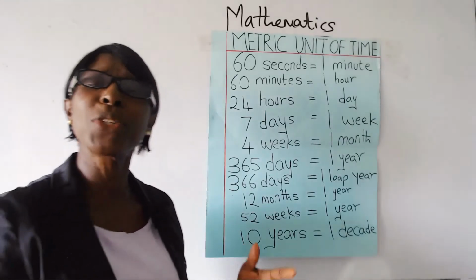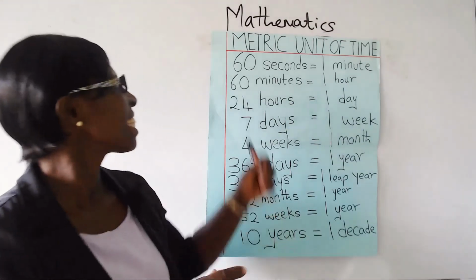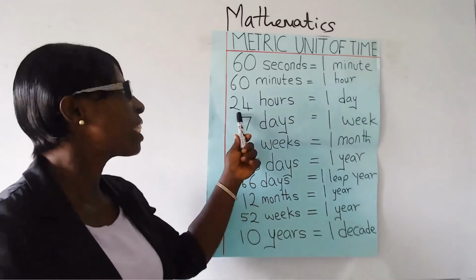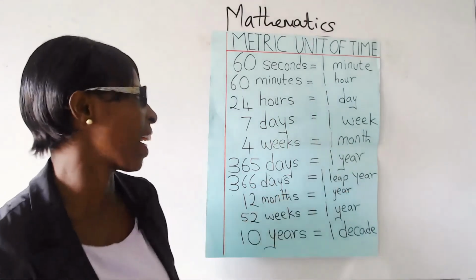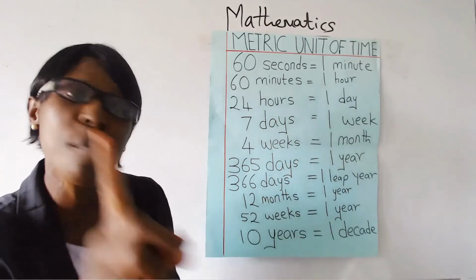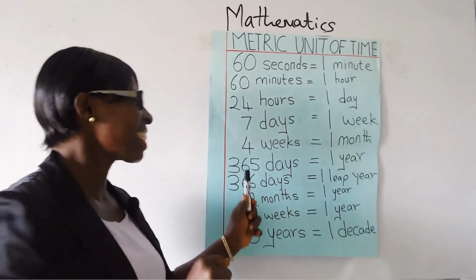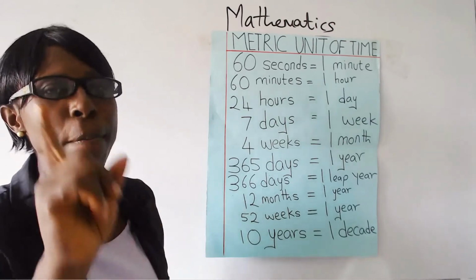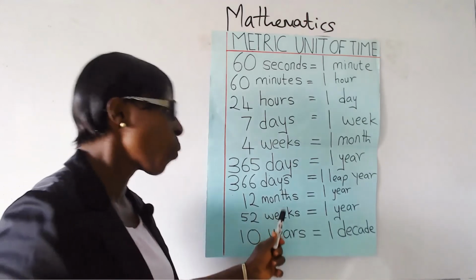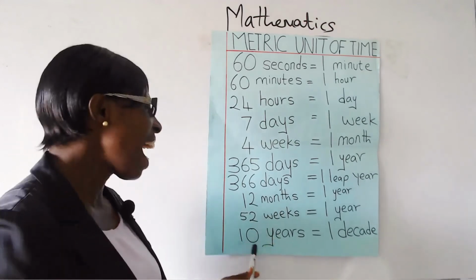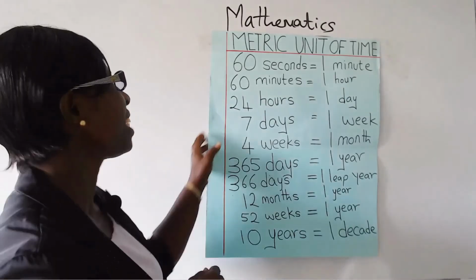That's how we normally do it when I was in school. 60 seconds make 1 minute. 60 minutes make 1 hour. 24 hours make 1 day. 7 days make 1 week. 4 weeks make 1 month. 365 days make 1 year. 366 days make 1 leap year. 12 months make 1 year. 52 weeks make 1 year. 10 years make 1 decade. All right, let's continue.